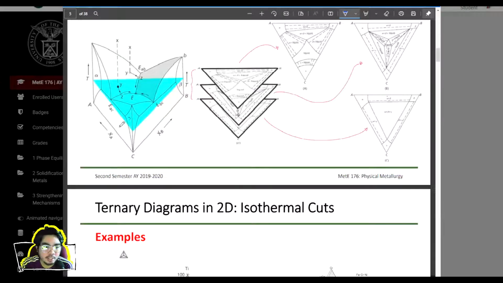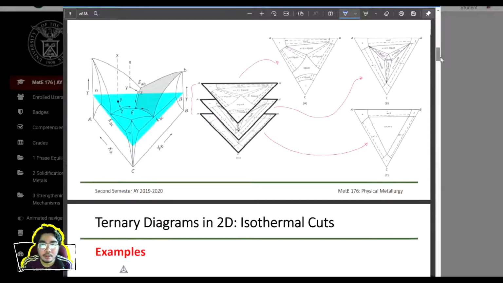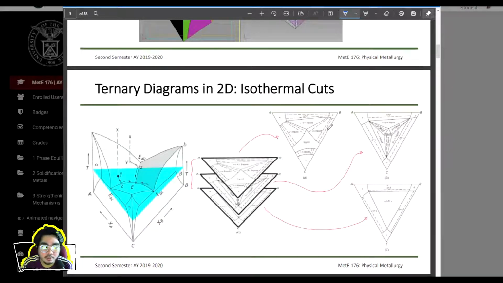You can slice this 3D image, and those slices will produce different diagrams, as shown in these isothermal cuts. So they can produce vastly different results. At different temperatures, they look different.